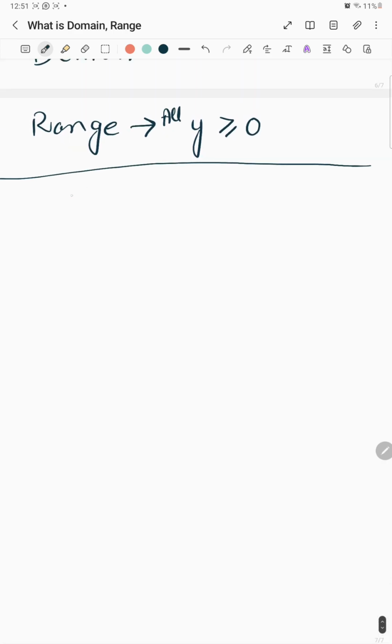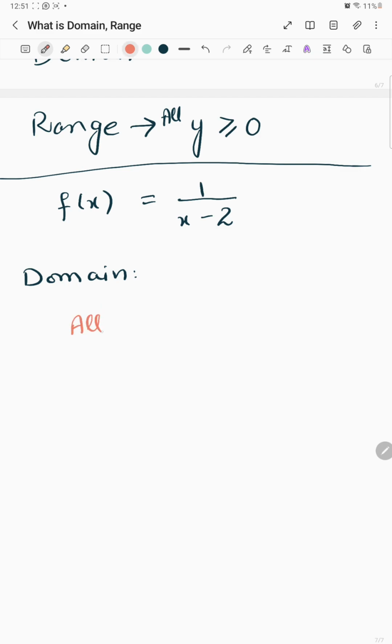Okay, there are two main constraints over here. If I have f of x is equal to 1 over x minus 2, what will be the domain of this function? The domain of this function is all x except x is equal to 2, because if I put x is equal to 2, I will get 1 over 0, which is an undefined form.